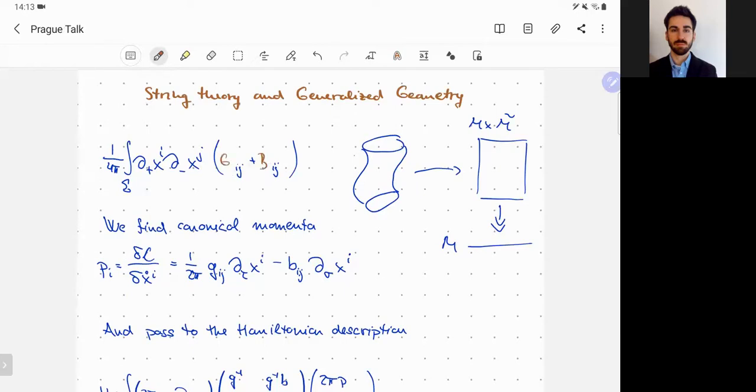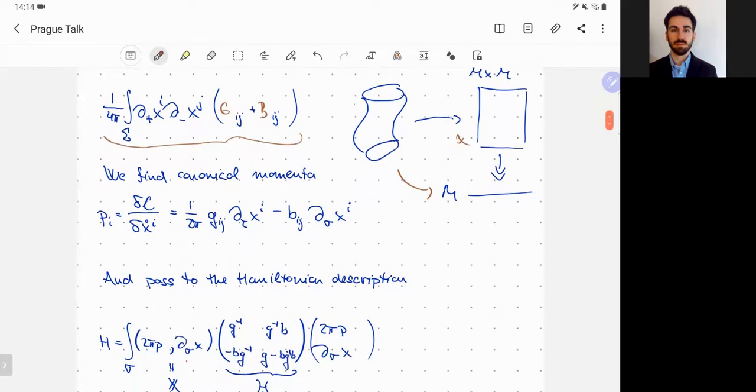Is there any question maybe before I go further? No. Okay. So this sigma model is something like this, right? It couples to G and B naturally. It's a two-dimensional sigma model, so it maps the worldsheet into target space.